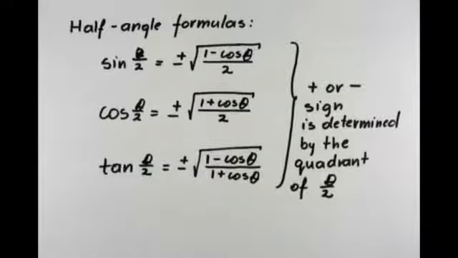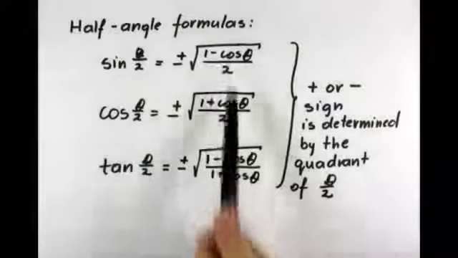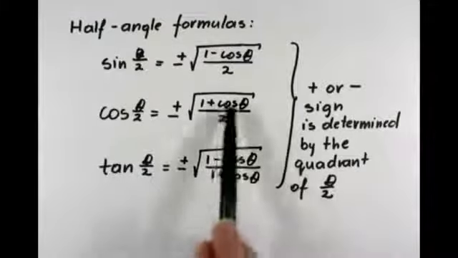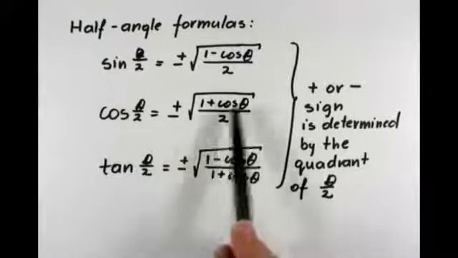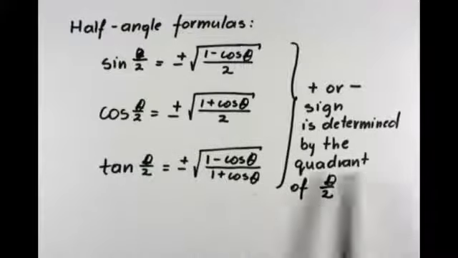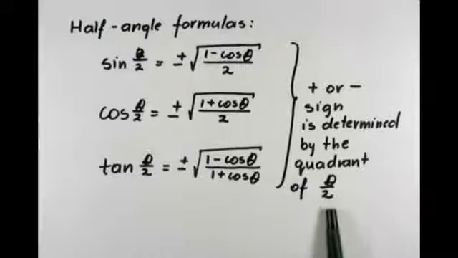Cos theta over 2 is equal to plus or minus square root of 1 plus cos theta over 2. And tangent is plus or minus square root of 1 minus cos theta over 1 plus cos theta. We get this because tangent of half theta is nothing else but sine over cos. If you divide those two, and dividing by a fraction means multiply by its reciprocal, flip this over, you get this formula. And plus or minus sign is determined by the quadrant of theta over 2.